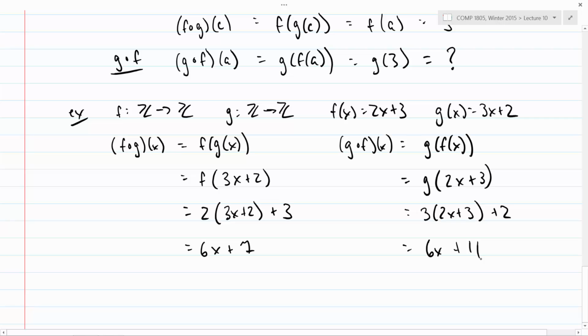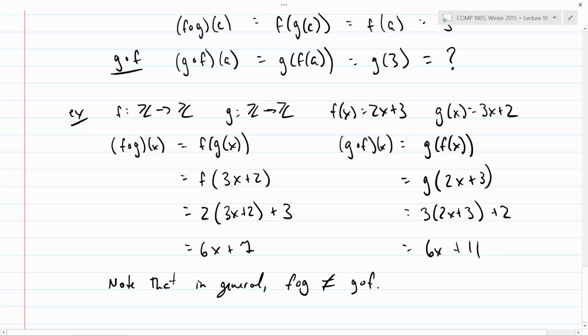And it's important to notice here that these are different functions. Now in this particular example, they're kind of close. In fact, they're only off by 4. But they're different. Doesn't matter how close they are. So note that in general, f follows g does not equal g follows f.